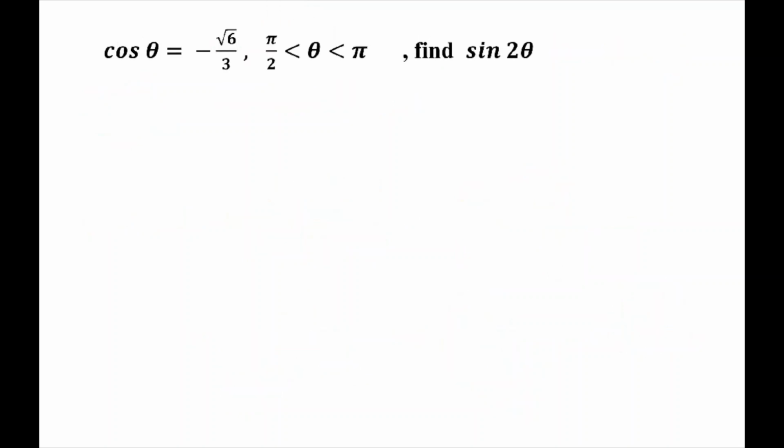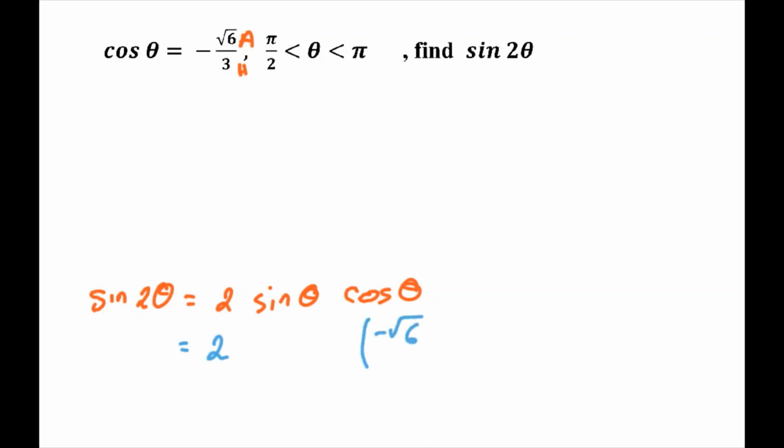Okay, what about this one here? Cosine theta equals negative square root of 6, that's adjacent, over hypotenuse 3. So let's find sine 2 theta, just to recall the formula: 2 sine theta cosine theta. Now cosine theta is given, negative square root of 6 over 3. I need sine theta.